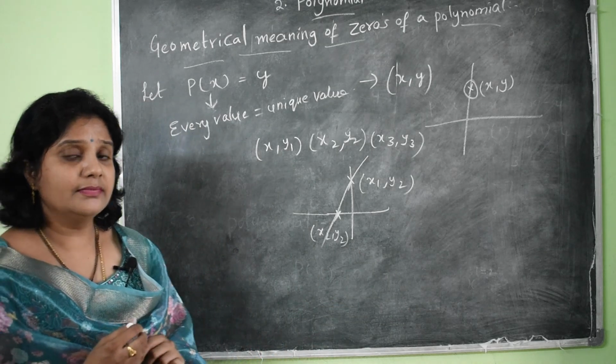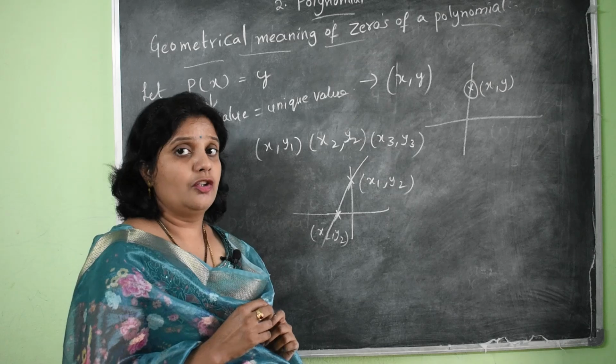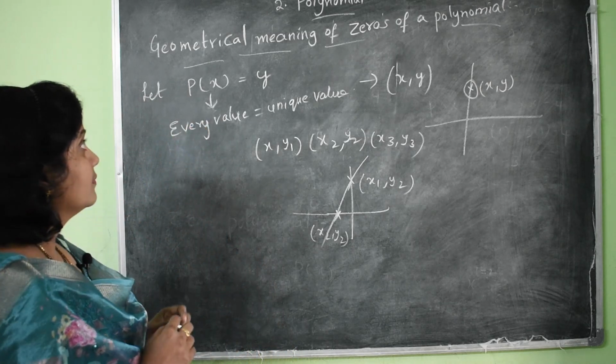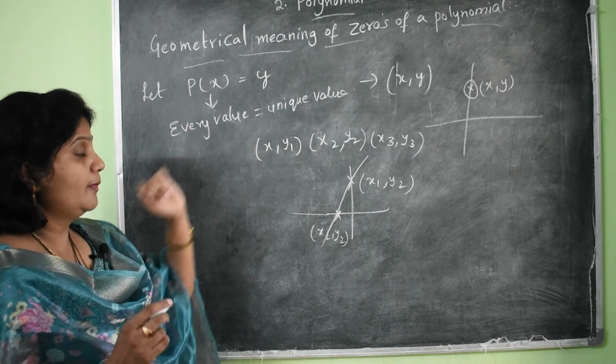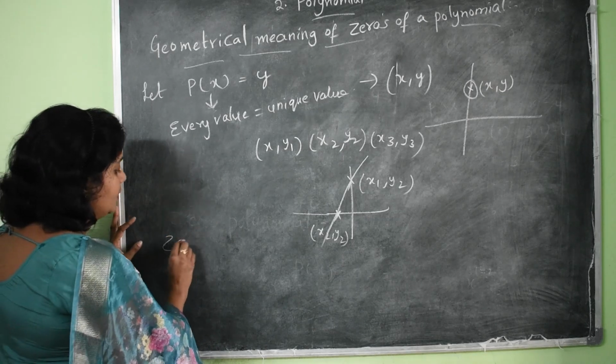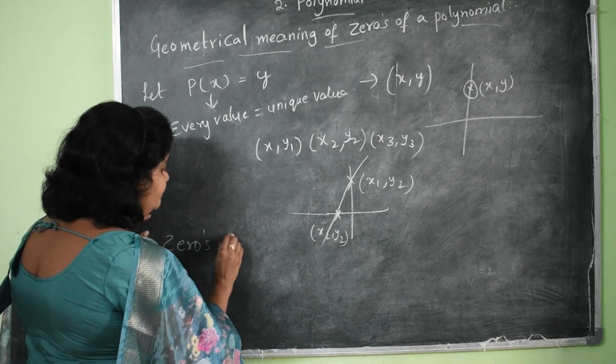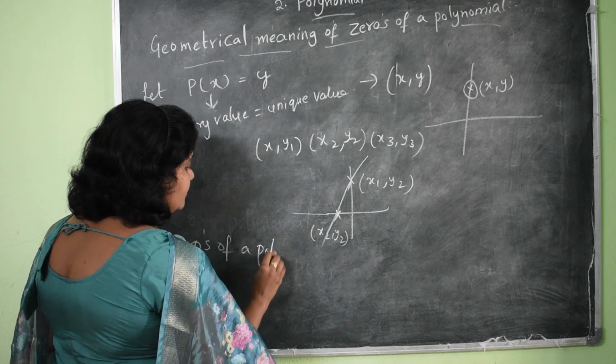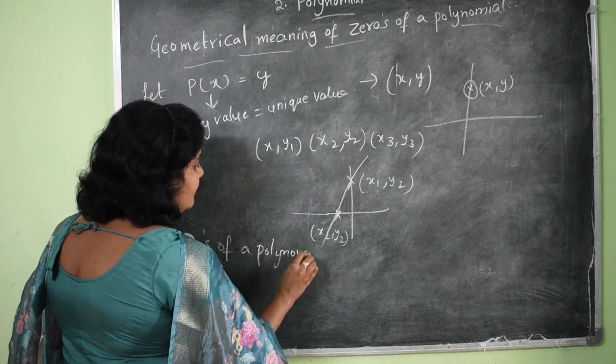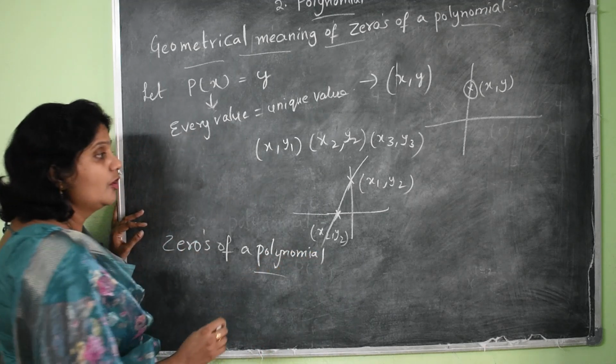Now, what is the zero of the polynomial? When a graph is given, what are the zeros of a polynomial?